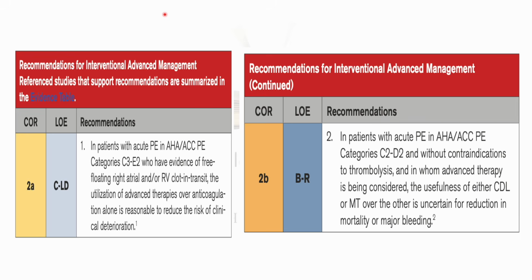We don't have high quality comparative data addressing this clinical situation, and it is also less likely that this data will emerge in the near future. Patients who are being enrolled in these large cardiovascular outcome trials, which are looking at catheter directed or mechanical thrombectomy against anticoagulation, are few in these trials.